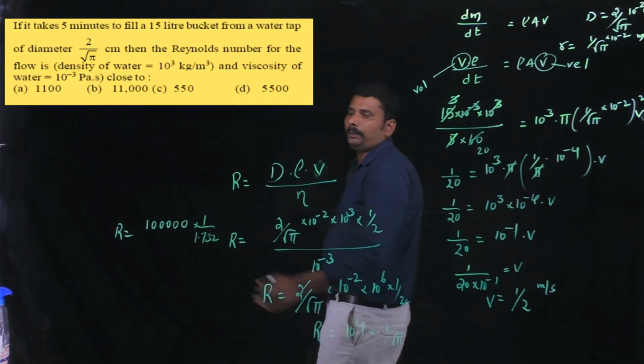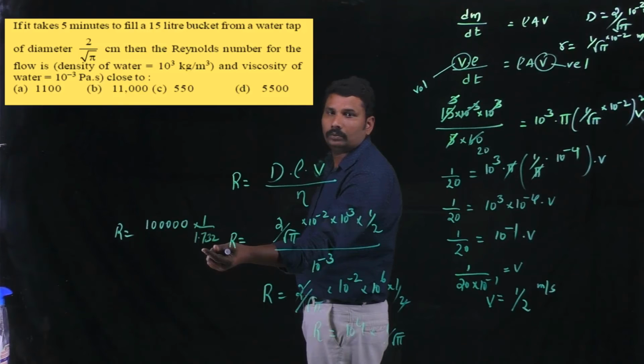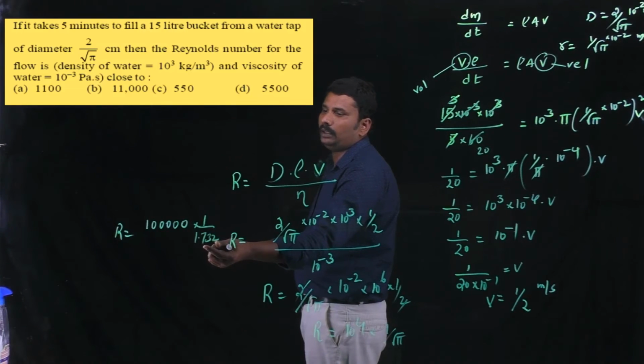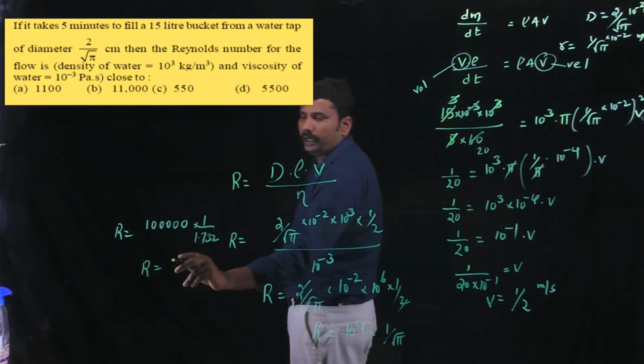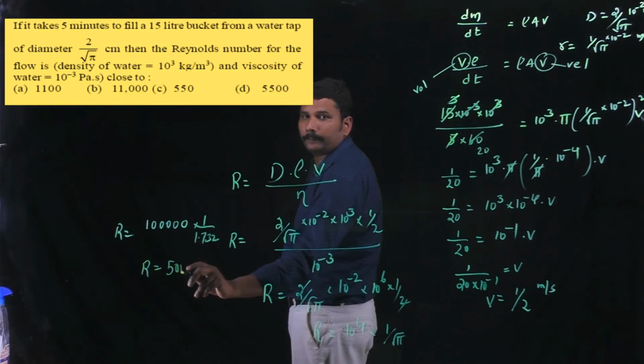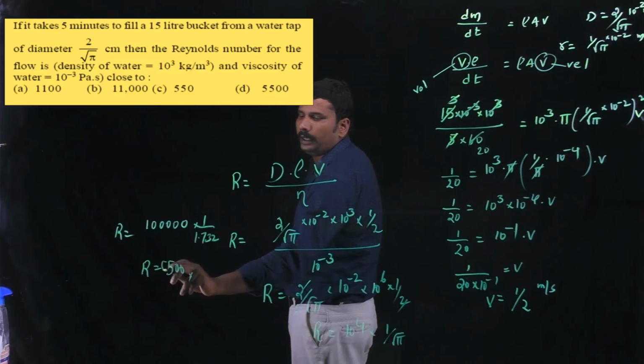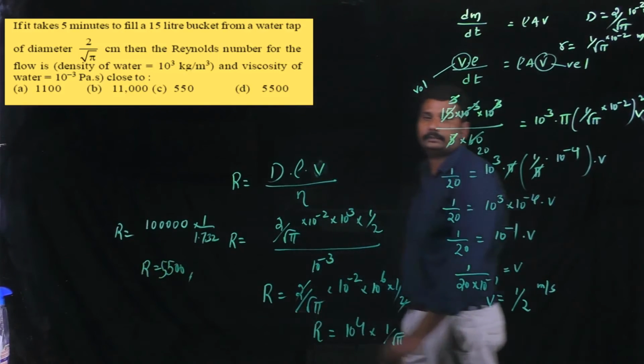Okay, it is approximately 2. By solving this, we get R as 5500, R as 5500.